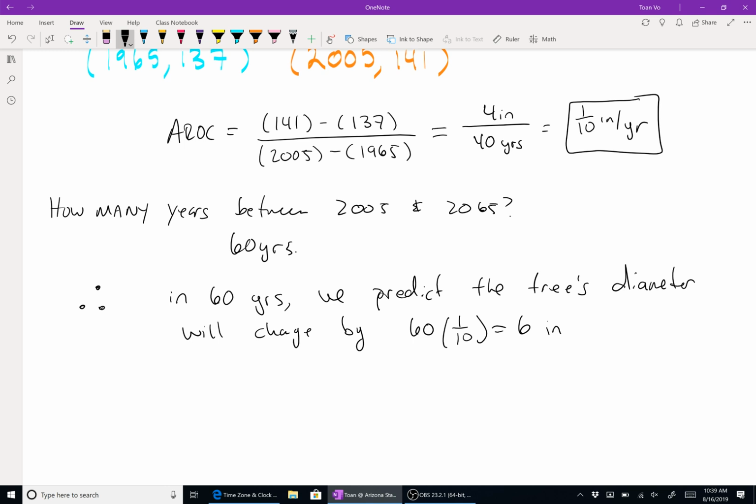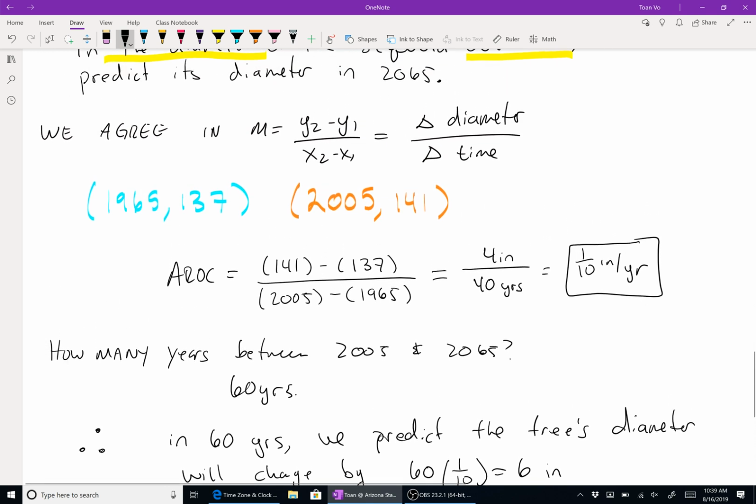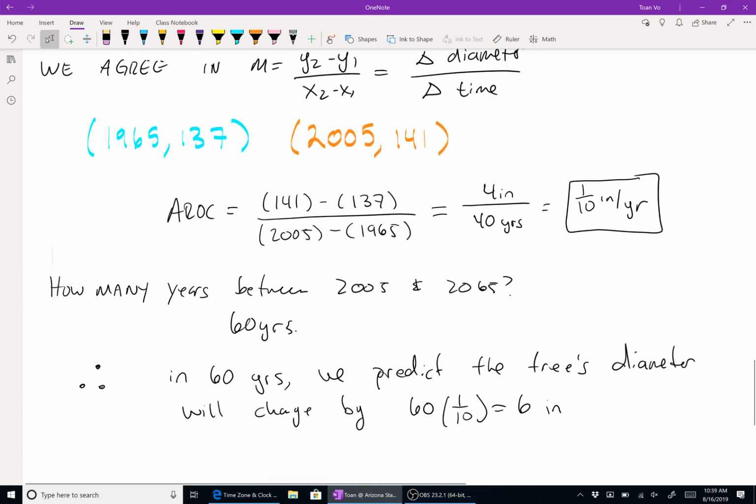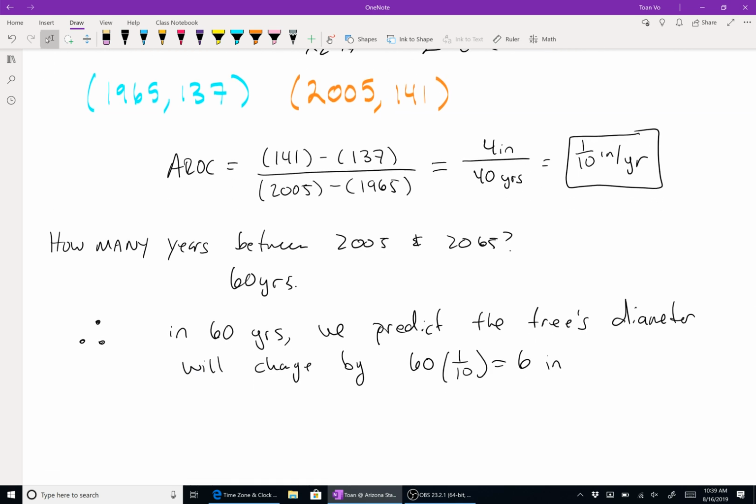Now, when you use a slope, your answer is not going to be the final answer. It only gives changes. So I want to make that clear. Slopes only give changes. So to answer the question, predict the diameter in 2065, the answer is not going to be 6 inches. That's not the diameter. It changed by 6 inches, right? So the diameter in 2005 was 141. We predict it's going to change by 6 inches.